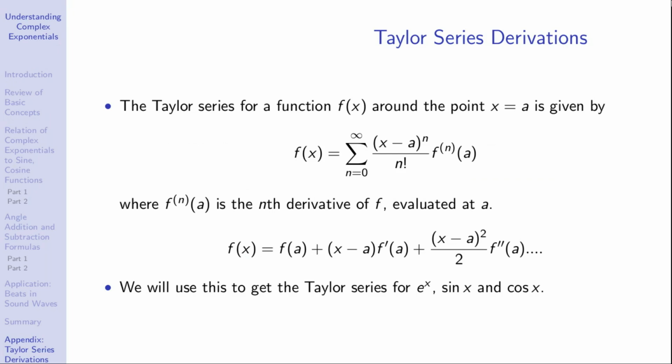So f of x is equal to f of a plus (x minus a) times f prime of a plus (x minus a) squared over 2 times f double prime of a, etc. And here a prime denotes a derivative. We will use this to get the Taylor series for the functions e to the x, sine of x, and cosine of x.